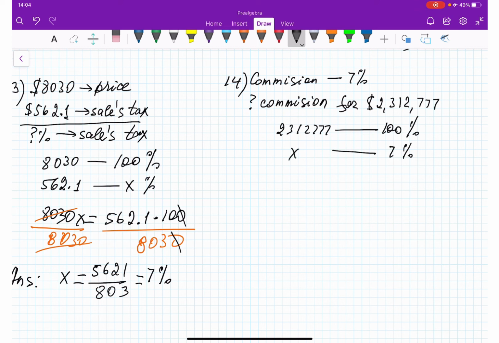So 100X is equal to 2,312,777 times 7. So we divide by 100 here, 100 here, this is gone.